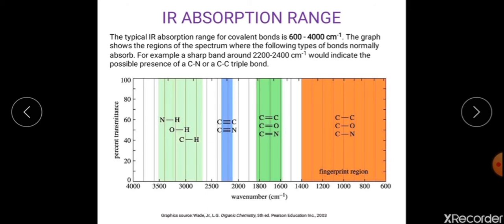So if we cannot find any information from the other region, we can find various information from this fingerprint region, and we can identify a particular structure, and this will help in the structure elucidation of the organic compound. So the IR spectrum is divided into two categories: one is the fingerprint region, and the second one is the functional group region.